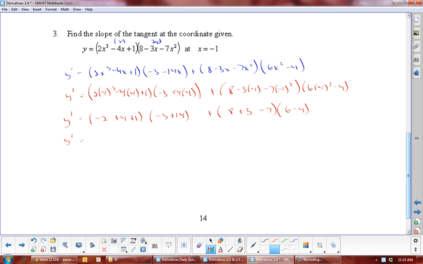So y prime would equal 2 plus 1, that should be 3, times 11, plus 11 minus 7 is 4 times 2. So y prime equals 33 plus 8. So y prime should equal 41. Did I do that right? Okay, because I do not have the notes on that. Okay, appreciate your trust.